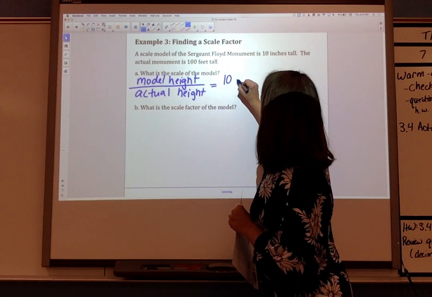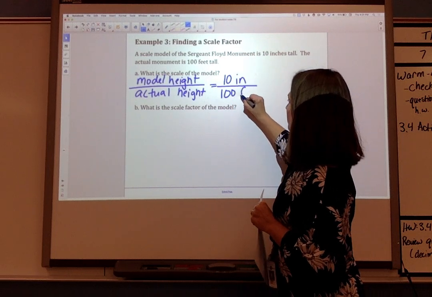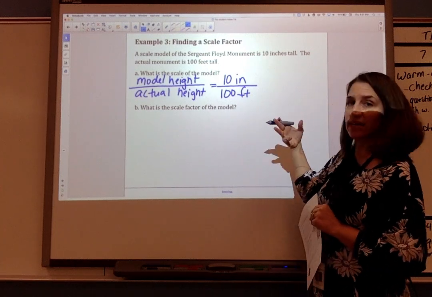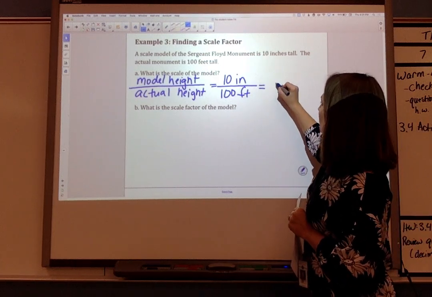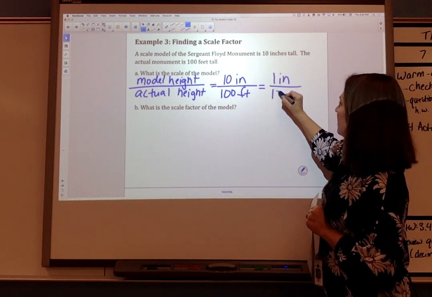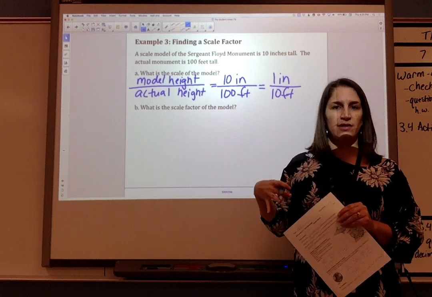So 10 inches is the same as 100 feet. Now, I can simplify this scale by dividing by 10. So every 1 inch on the model represents 10 feet in real life. So 1 inch to 10 feet.